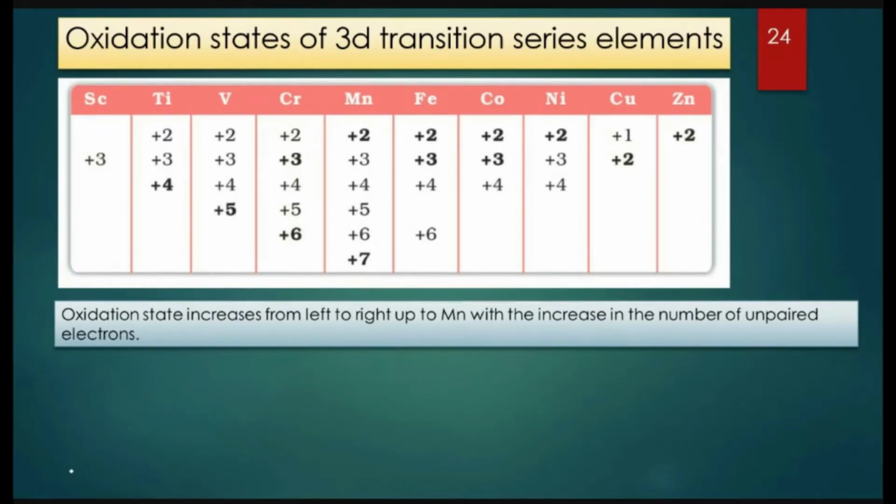Then after manganese it keeps on decreasing because there is a decrease in the availability of unpaired electrons. That is why we see a decrease in the oxidation states of the first transition series of elements after manganese.